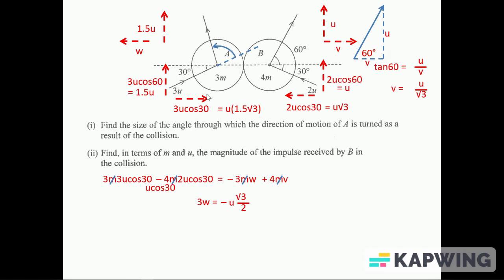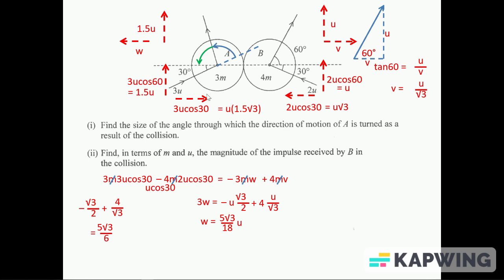And then I've got plus 4v, or plus 4 times u over root 3. I need to add minus root 3 over 2 and 4 over root 3. As further mathematicians you should be able to do that in your head, really. Common denominator 2 root 3. The top line is going to be 4 times 2, take away root 3 times root 3. 8 take away 3 is 5. So it's 5 over 2 root 3, or 5 root 3 over 6. Divide that by 3 to get w, 5 root 3 over 18.